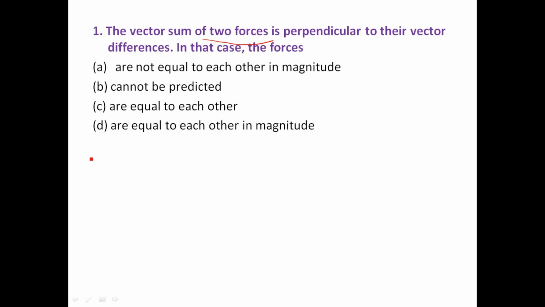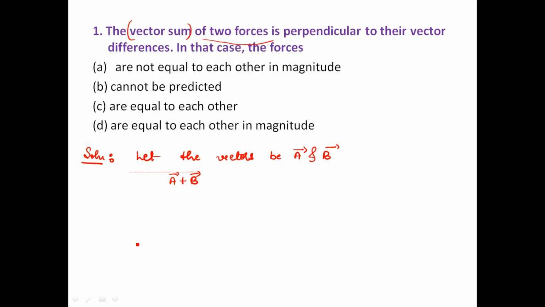Let the vectors be vector A and B. The sum of them can be written as vector A plus vector B. Vector sum it is told, right?